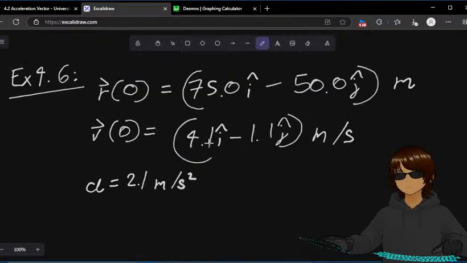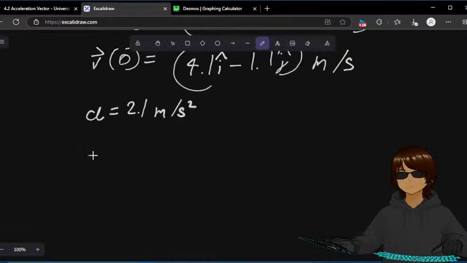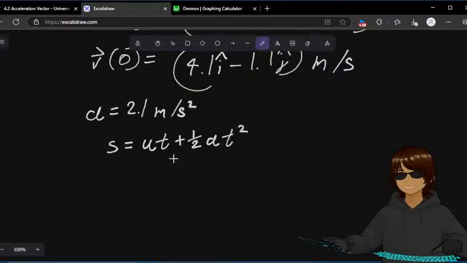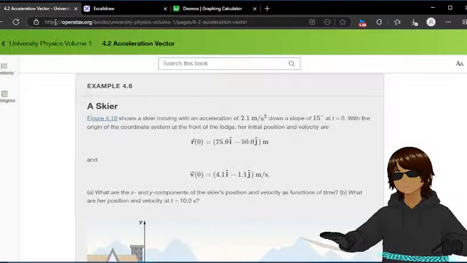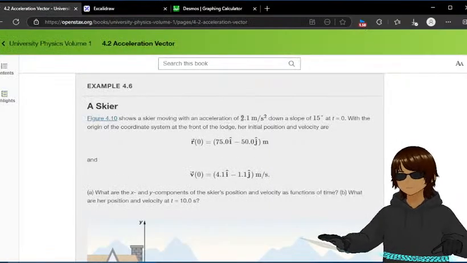So, s is equal to ut plus half at squared. So x(t) is equal to x0 plus velocity in the x direction times t plus half... We need to find acceleration in the x and y direction, right?